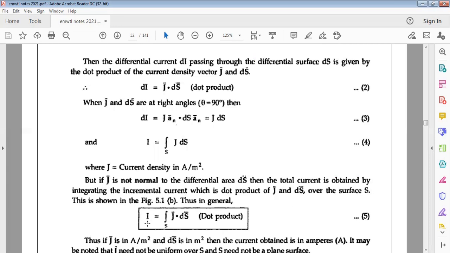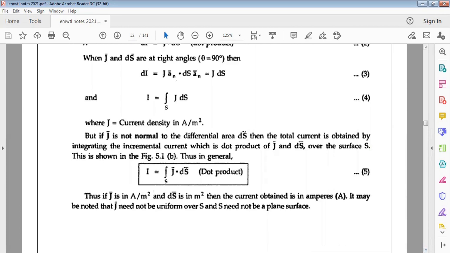So current I is equal to the surface integral of J bar dot ds bar.